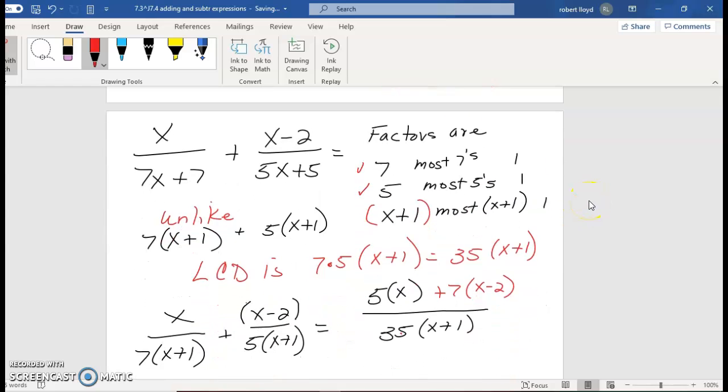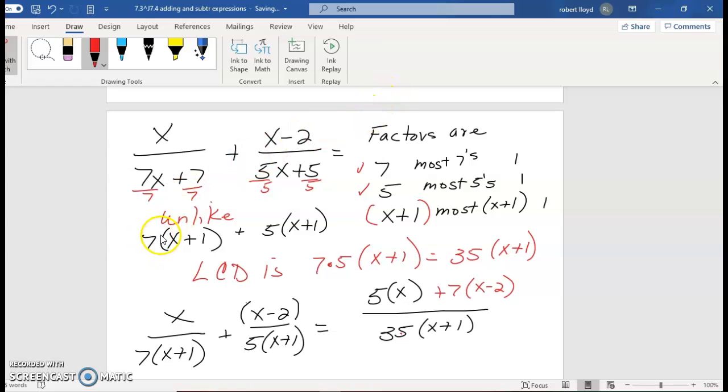Now we'll take another one that does not have common denominators. So let's deal with our denominators first. 7x plus 7. We can factor out a 7 out of each of these, leaving us with 7 times the quantity x plus 1. We can factor 5 out of each here, leaving us 5 times x plus 1. So the next step is to find out what our factors are.